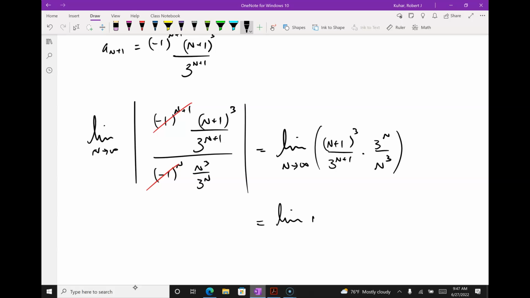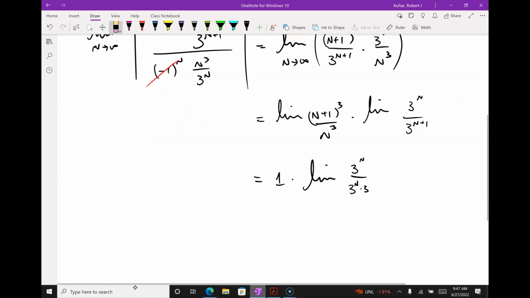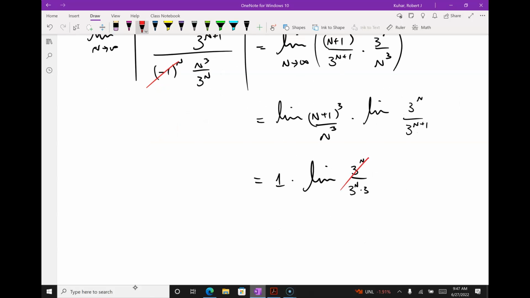This is going to be the limit of n plus 1 cubed over n cubed, times the limit of 3 to the n over 3 to the n plus 1. That first limit is 1, we can already see it from L'Hopital's. And the other one, we get 3 to the n over 3 to the n times 3. I don't need the absolute value anymore, sorry. So I get a limit of 1/3.